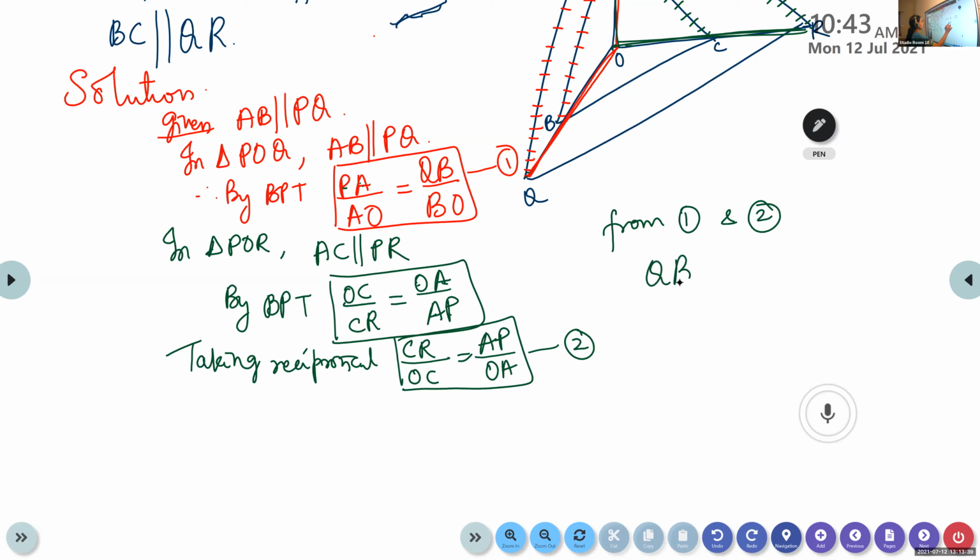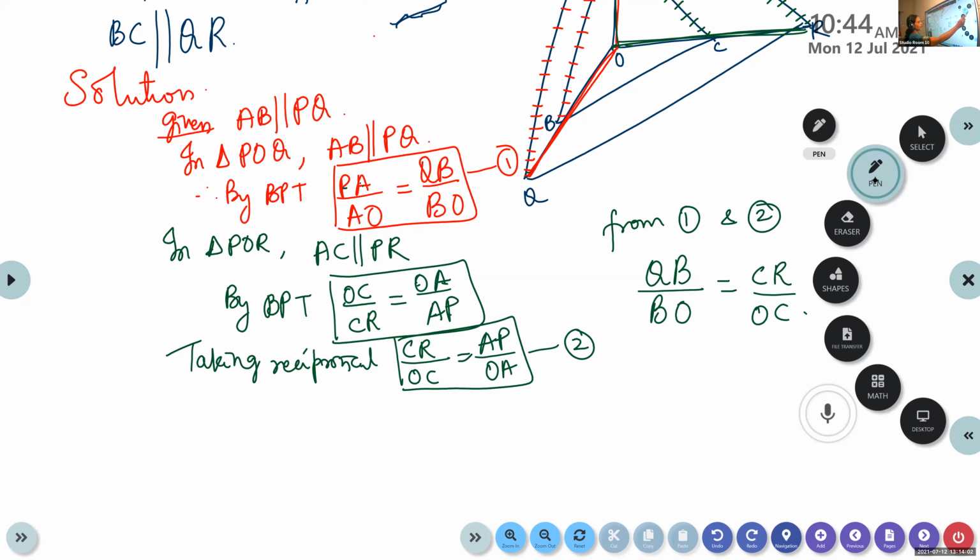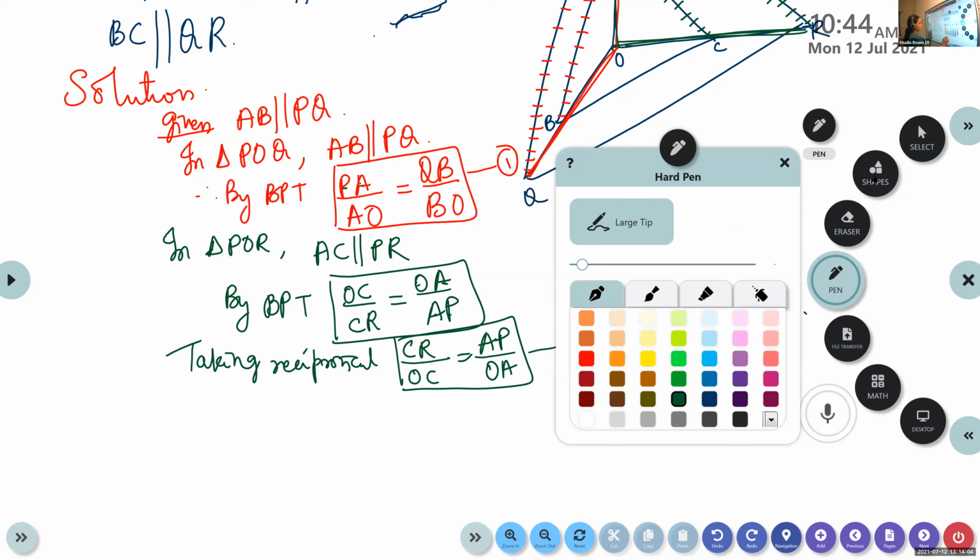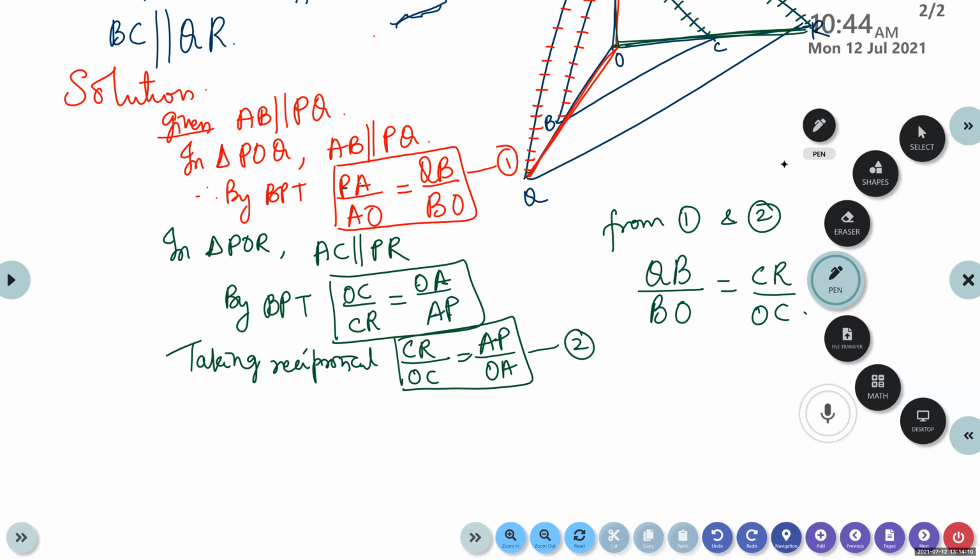We cancel, so we get QB by BO is equal to CR by OC. From 1 and 2, we get QB by BO is equal to CR by OC. Can we write QB by BO equal to OC by CR?